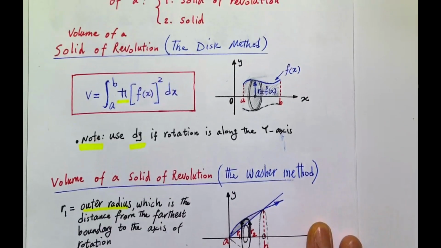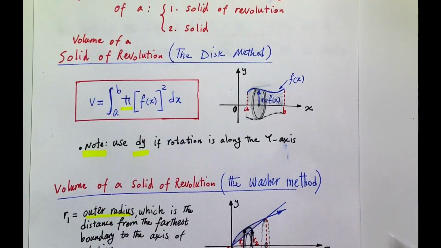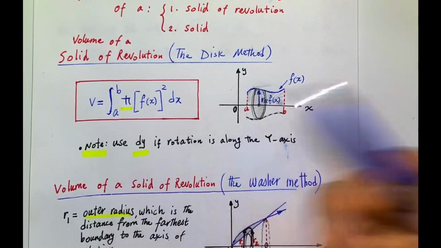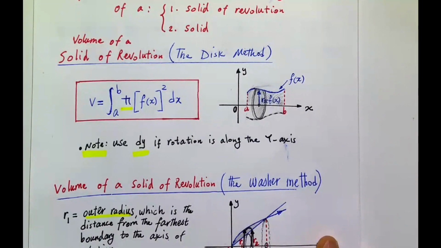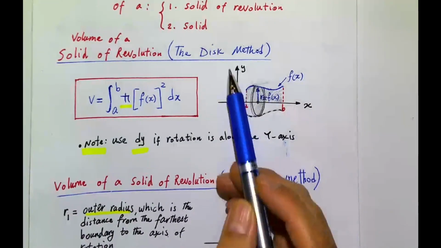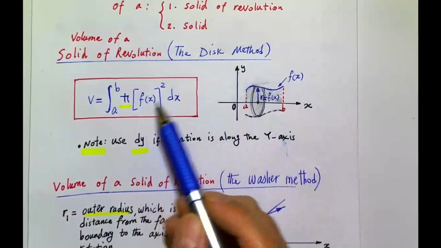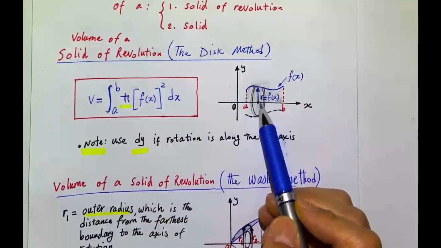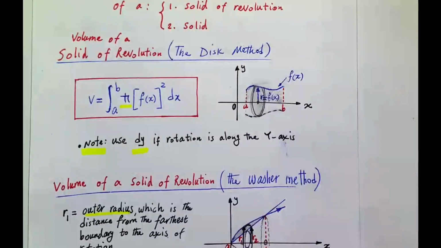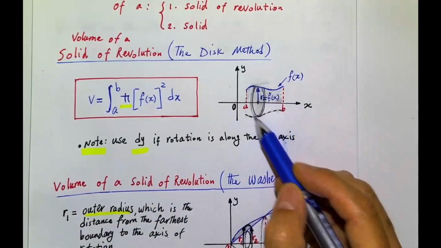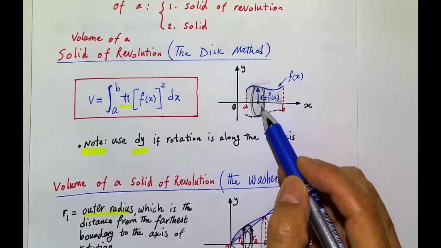Okay. So categorizing the methodology helps us remember which method to apply when, right? So if we are able to come up with a cross-sectional area, because basically what we're doing is taking the integral of an area, but that area is a cross-sectional area of the area under the curve.